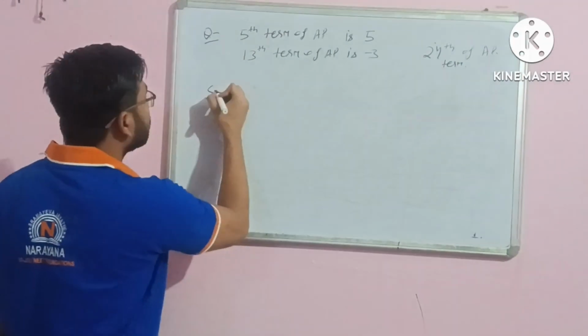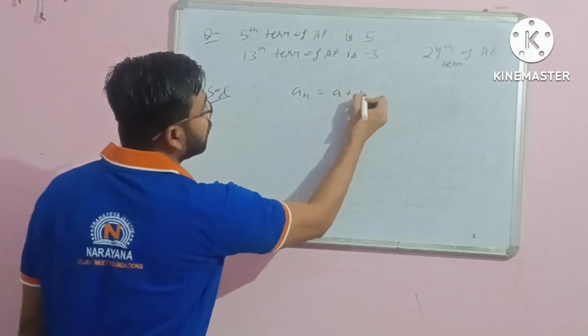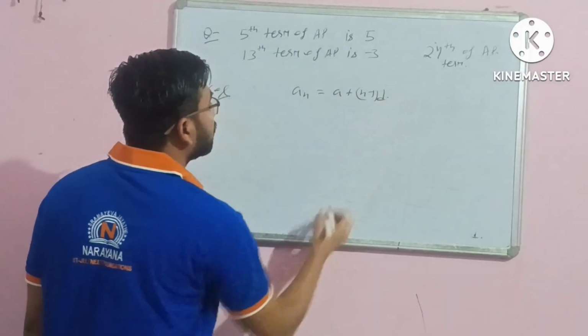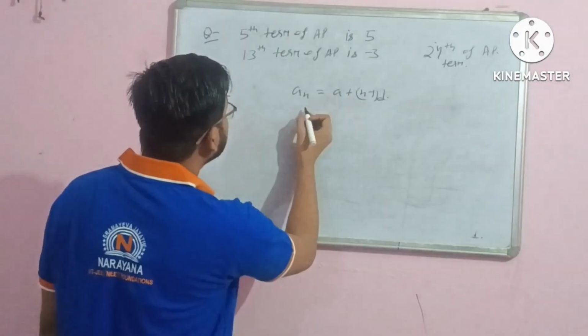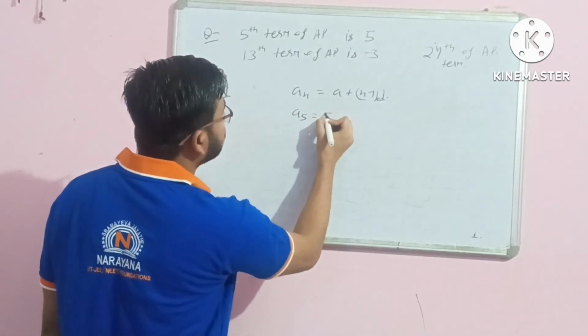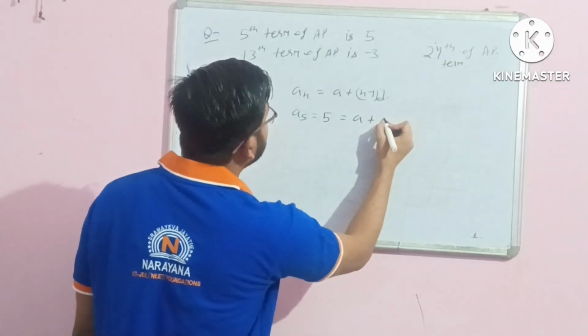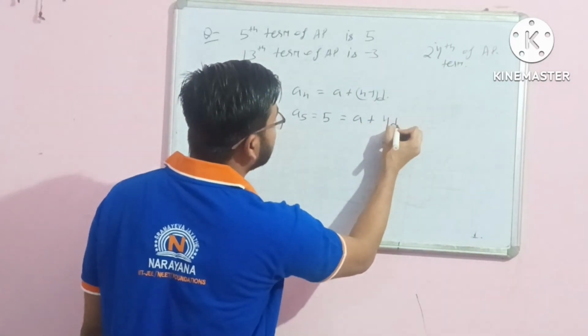So we know the formula an is equal to a plus (n minus 1) d. And a5 becomes equal to 5, which is equal to a plus 4d.